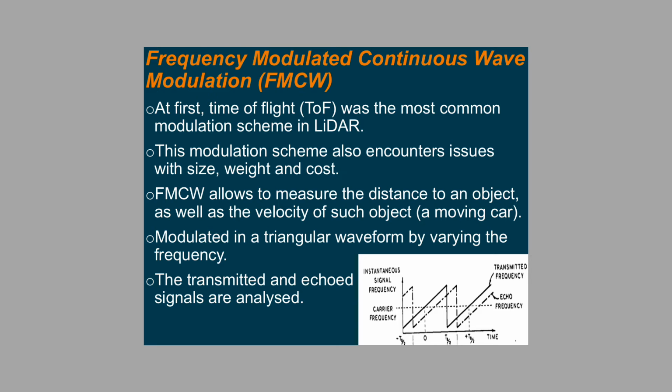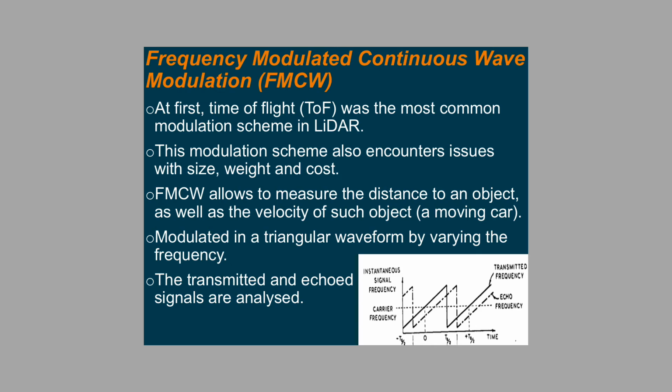However, again, similarly to mechanical LiDAR, time of flight is a system in which the size of the design is very large, is very heavy, and also is very expensive.